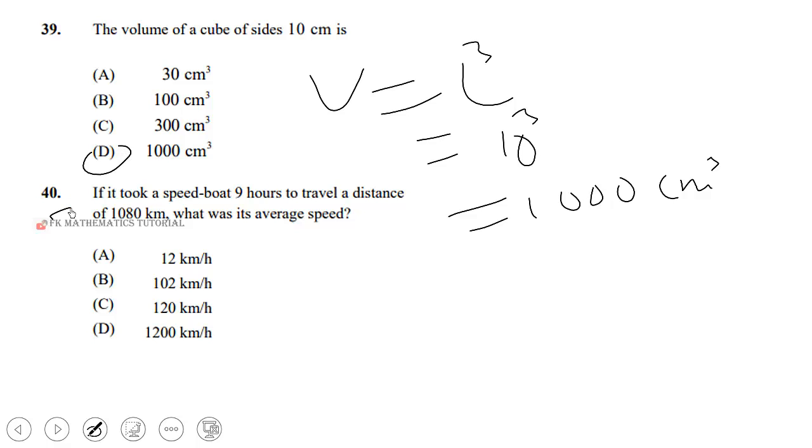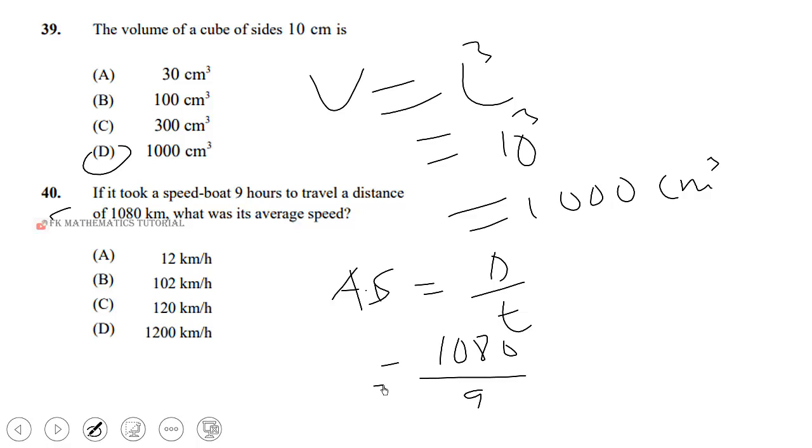Now 40. If it took a speedboat 9 hours to travel a distance of 1080 kilometers, what was its average speed? So average speed is equal to distance over time taken. So the distance is 1080 divided by 9.